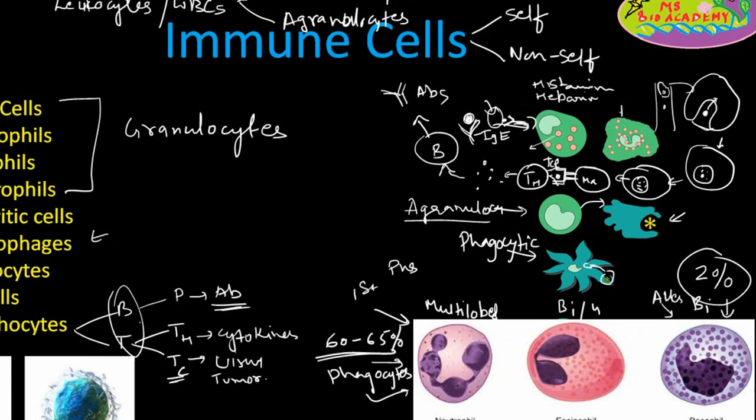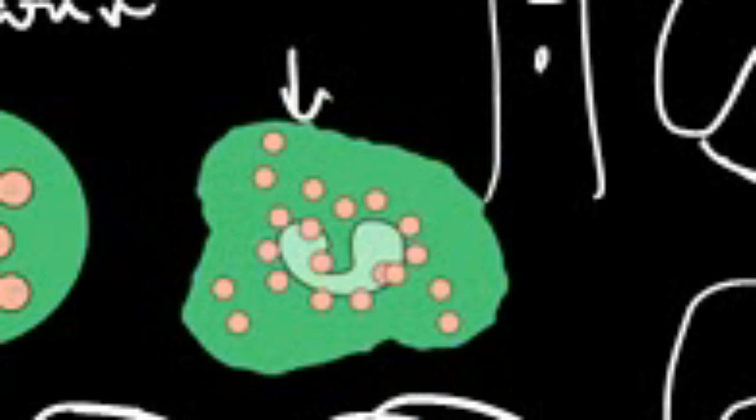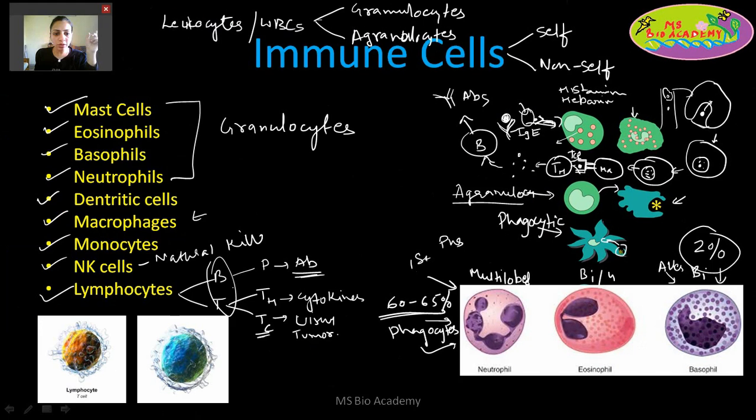Now you can see here, these are the NK cells. These NK cells are the natural killer cells. Why has the word natural killer been given to them? Because they naturally kill all those virus infected cells or tumor cells present in our body.